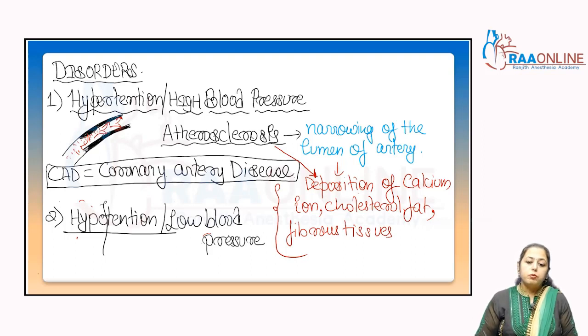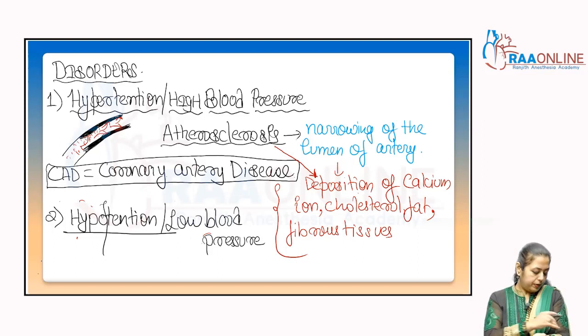Hypotension is the low blood pressure. What will happen if the blood pressure is reduced lower than 110/70, or 100/60 is the lower range, right? So it is called hypotension.